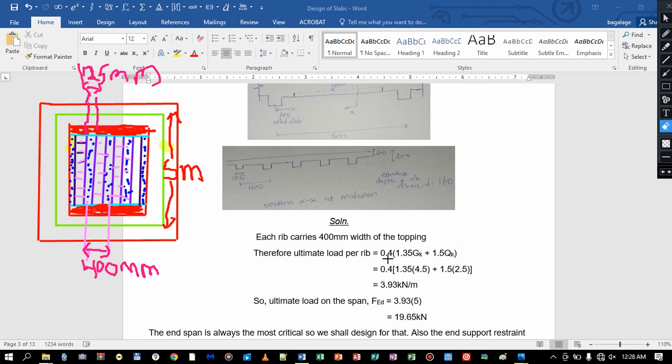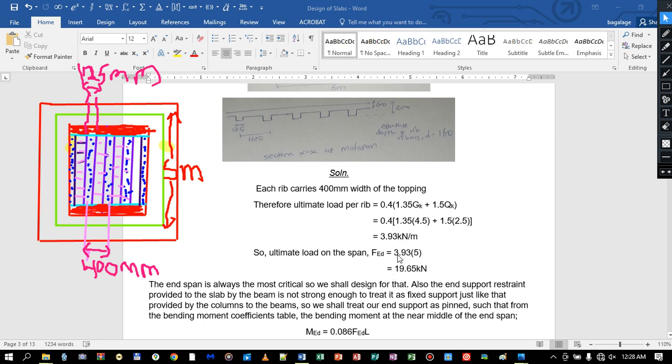The flange width is 0.4 meter or 400 mm, giving us 3.93 kilonewtons per meter run of the rib. And then in the end, we get 3.93 multiplied by the span, which gives us 19.65.